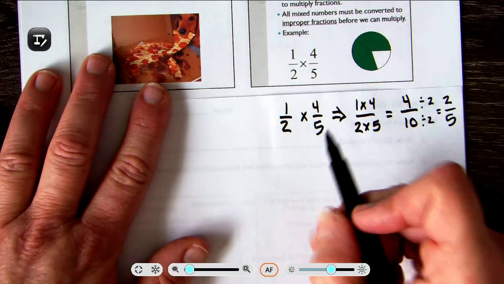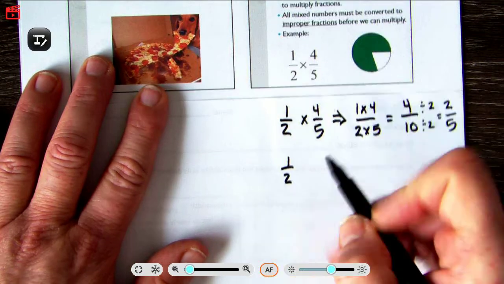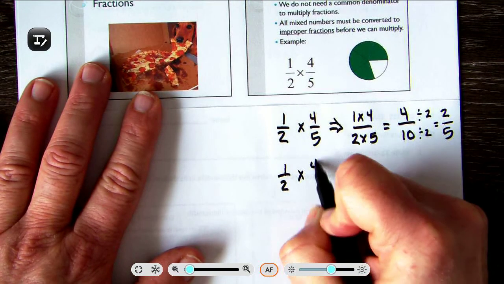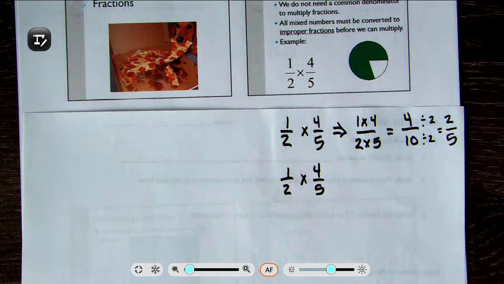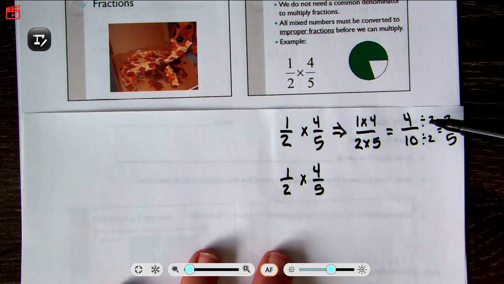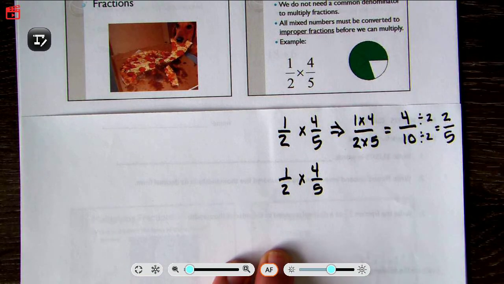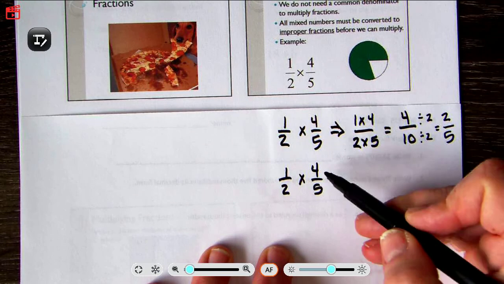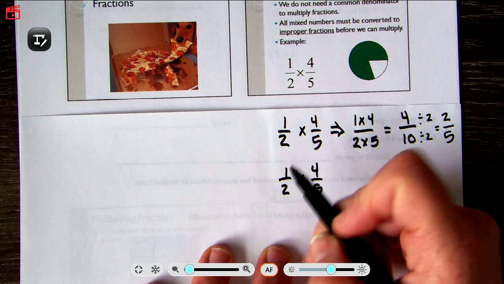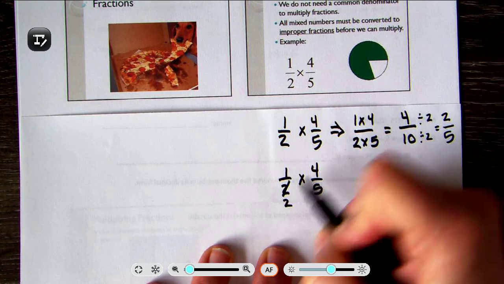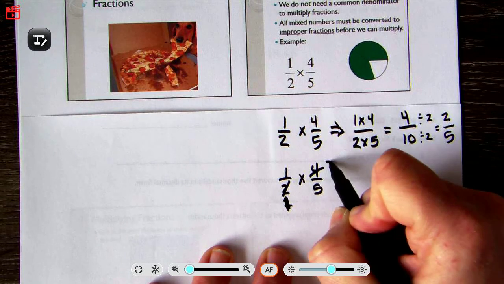One thing we can do is some of this reducing earlier. So if we look at this 1/2 times this 4/5, we reduce when we see common factors in the numerator and denominator. So like this 4 and this 2, I can divide both of those by 2.